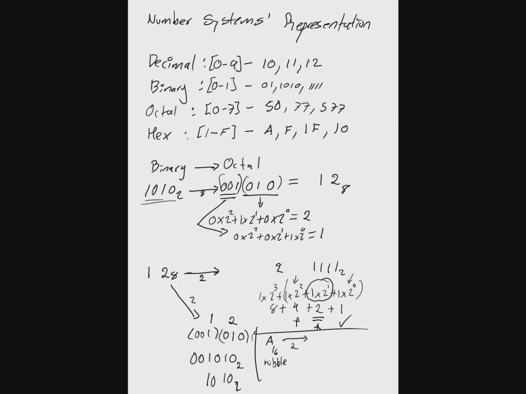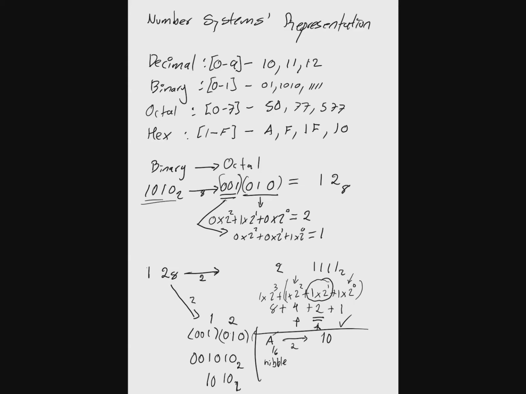That's the minimum number of digits to represent a letter, which is a value 10. So let's go here, and this is just the value 10, correct, in decimal.